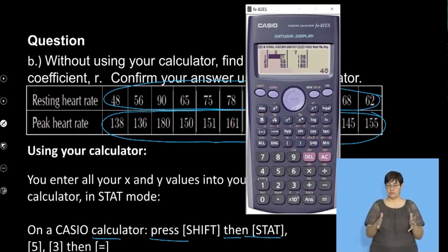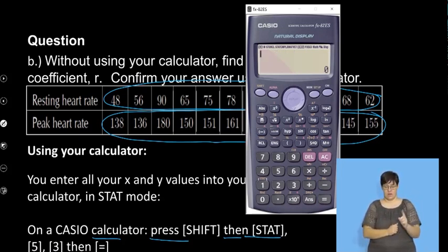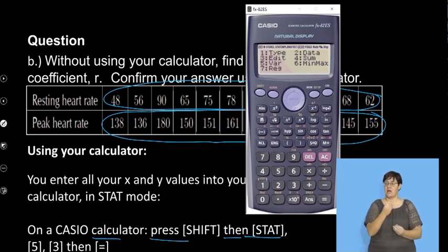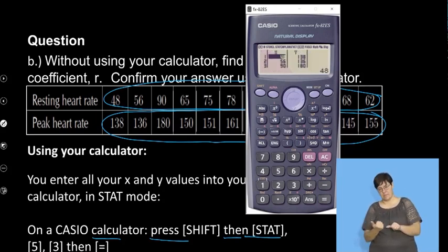After putting my data, I'm going to say AC. From there, I'll say Shift 1. 1 means the stats. Then from there, I have options 1 to 7. The first option says type, 2 says data. If I put 2, it will take me back to my data set, what I've inserted.